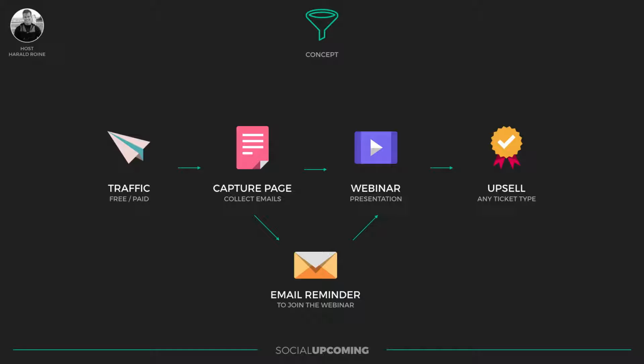And then you can have a reminder or a replay option, so that for people that didn't attend the webinar, you can send them another email that says, hey, sorry to see that you missed the webinar. Click the link below to see a replay so that you can see it as well.